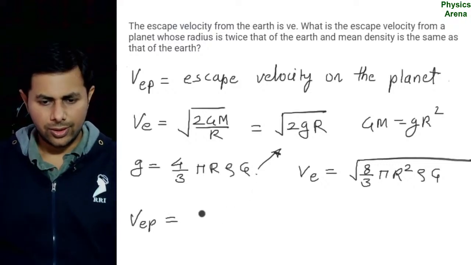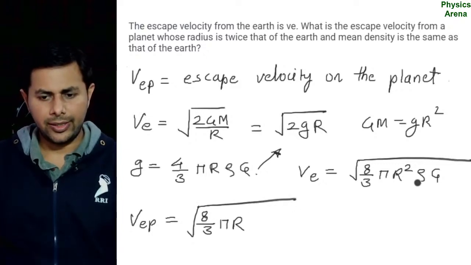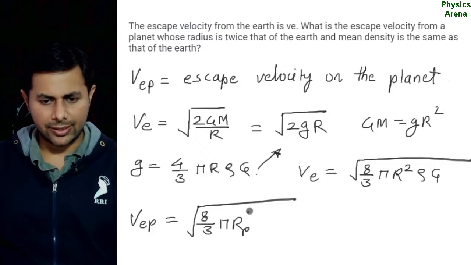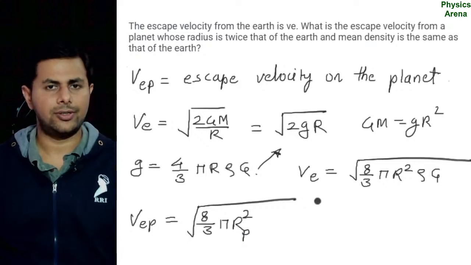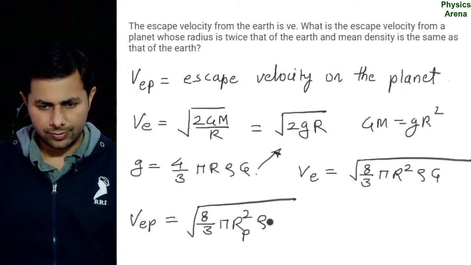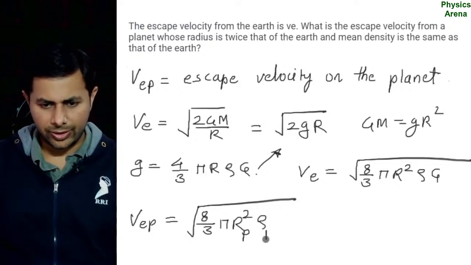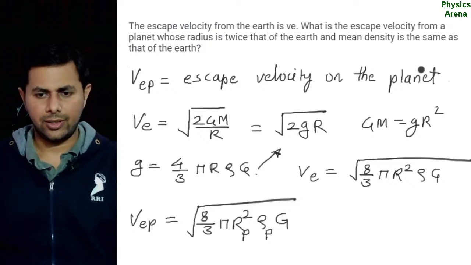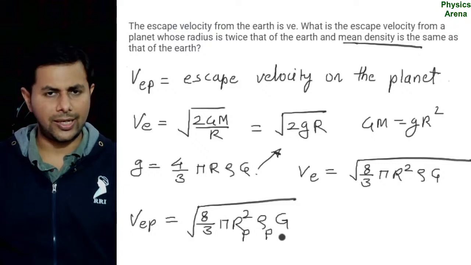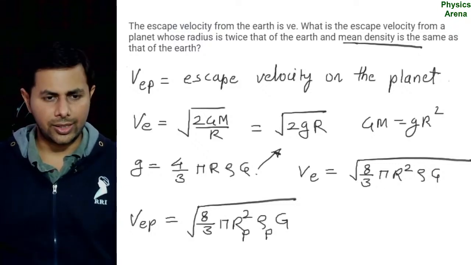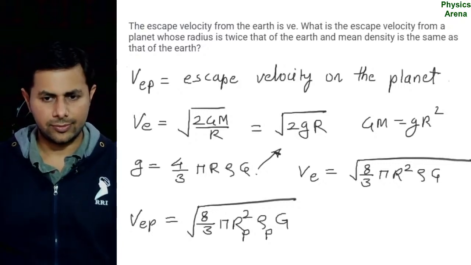It will be equal to square root of 8 by 3 pi, in place of r it will be radius of that planet, okay, it's r_p, the radius of that planet squared, then rho for the planet, and G is same everywhere, so rho for the planet and G. If we are given that mean density is same as that of earth, so rho for planet is just equal to rho for earth, and its radius is twice.